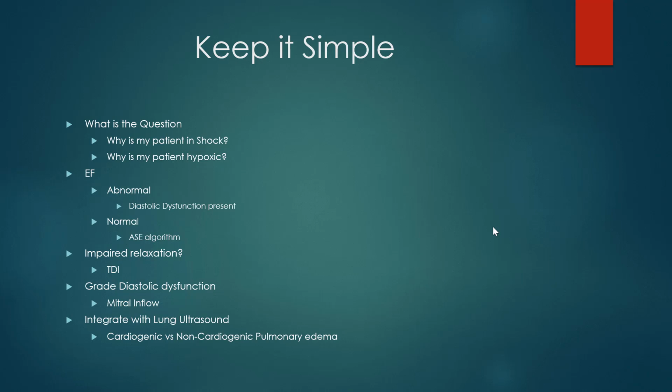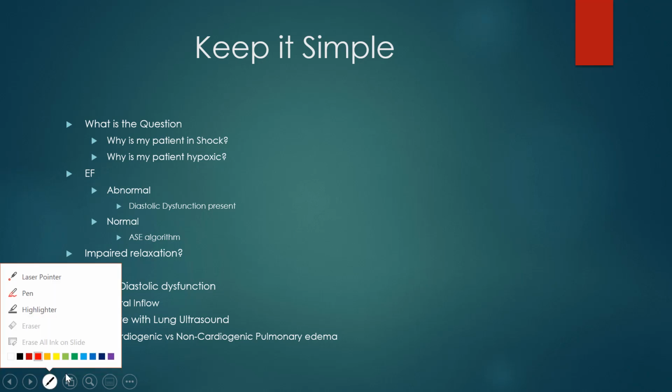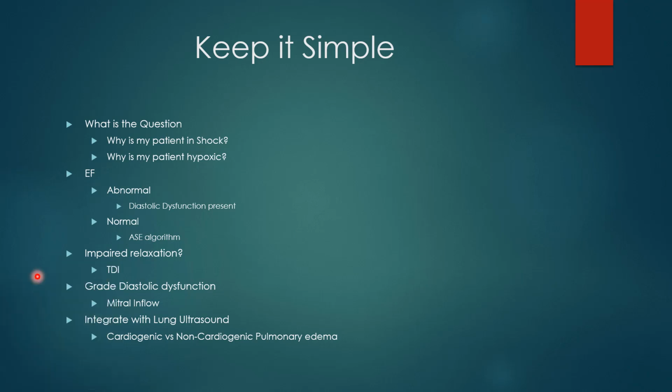So I have my question, and then I'm looking to see, is my EF normal or abnormal? Now remember, ejection fraction is not the end all. You can have a high ejection fraction and a low cardiac output. The stroke volume is what's basically going to tell you whether you have a high cardiac output or high inotropic activity or not.